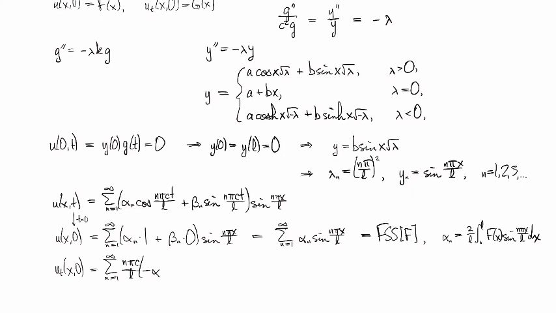And we'll have minus alpha n times a sine, which is evaluated to 0 when its argument is 0, plus beta n times the cosine, which evaluates to 1 when its argument is 0, still sine n pi x over L. And so now what we see is that we get the Fourier sine series for G from the beta n's.